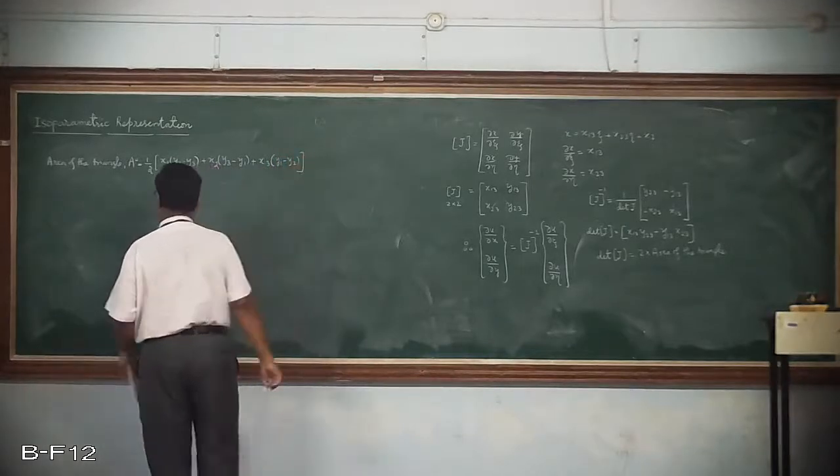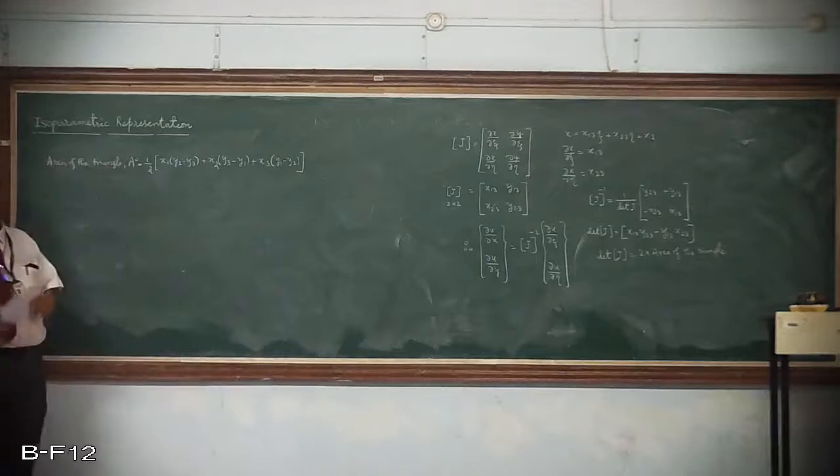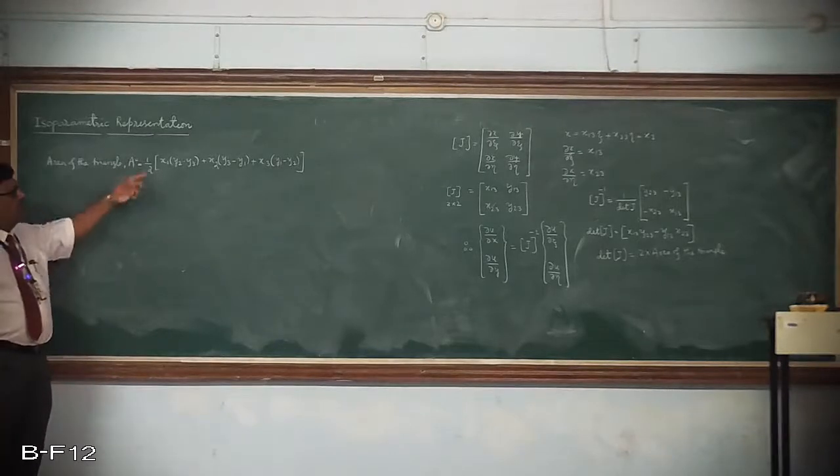This is the formula: if you know the coordinates of all 3 nodes, you can find the area of the triangle by this.